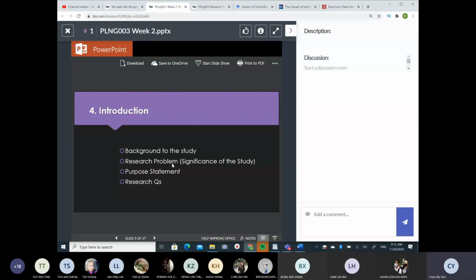How is this study significant to you, to everyone. And what is the purpose statement? Purpose statement is like your thesis statement. What is the purpose of your study here? And then what are you attempting to find out? So these are the components or elements that will be in your introduction paragraph.